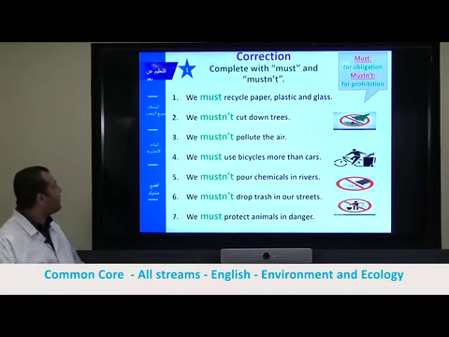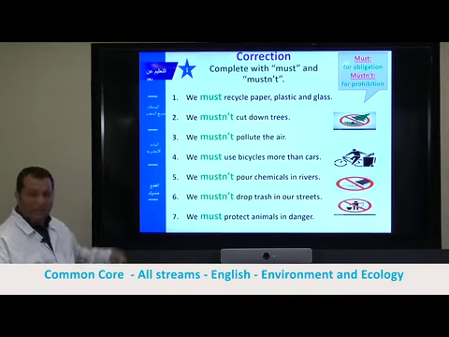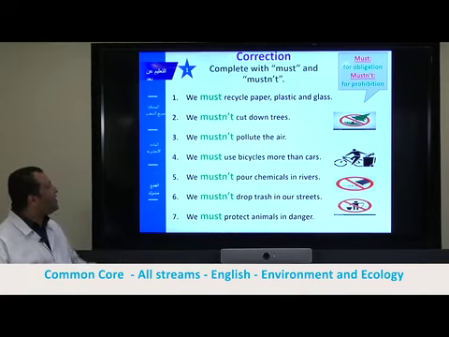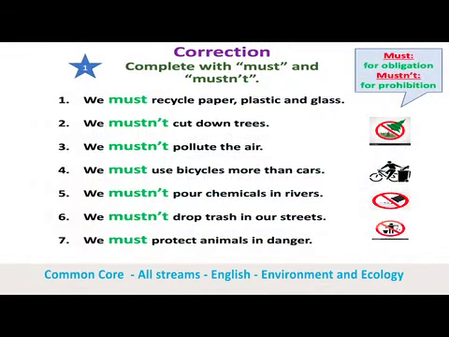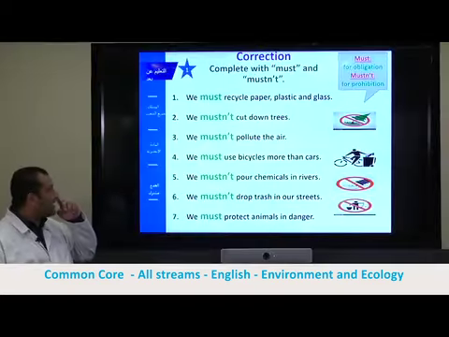Let's correct. Number 1, we must. We are obliged. We must recycle paper, plastic and glass. For environmental reasons, for economic reasons, we must. It's become an obligation for us to recycle, to reuse paper, plastic and glass.